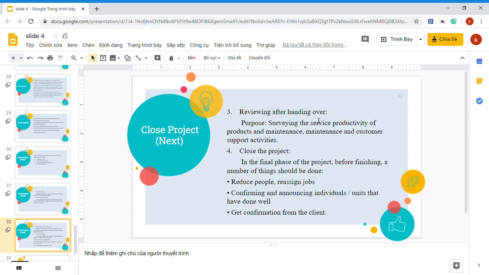Reviewing after handing over: possible surveys, productivity of products, maintenance, and customer support activities. To close the project in the file of the project before finishing, a number of things should be done.